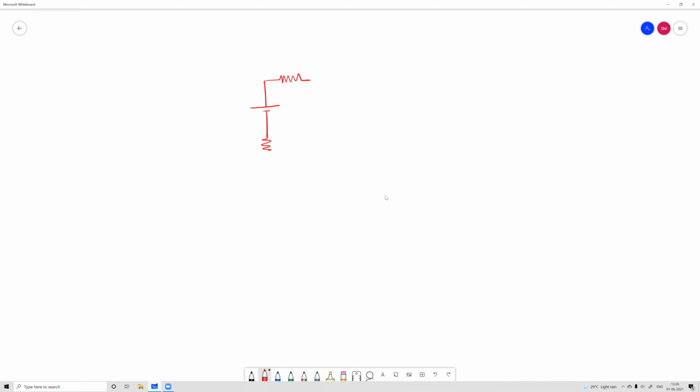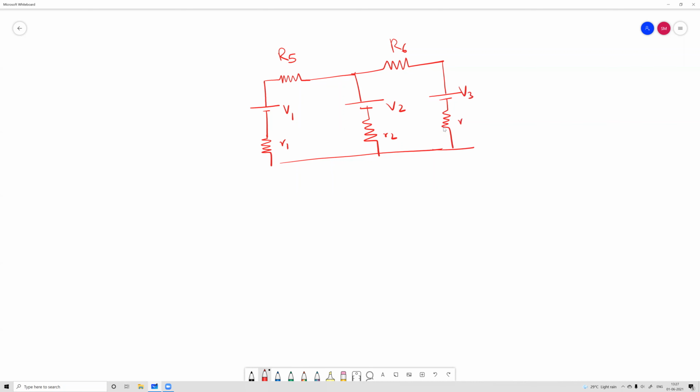So this is a source V1, this internal resistance is R1, source V2, internal resistance R2, there is a resistance say R5, the resistance R6, there is a source V3, R3, and finally there is a resistance RL.